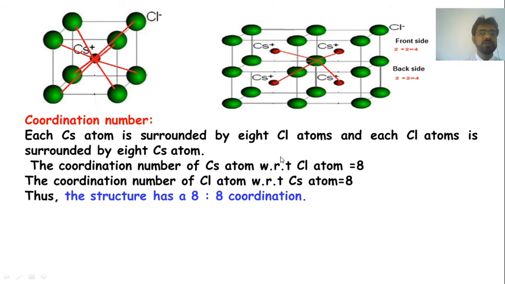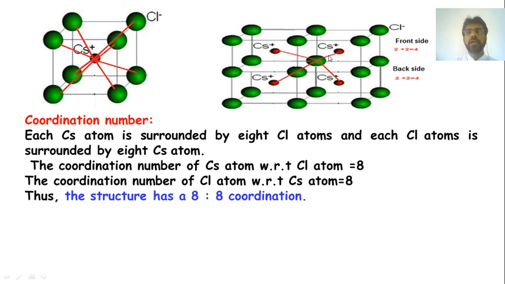Now here we can determine the coordination number of the Cs atoms and also the Cl atoms. In the first figure we can see the Cs atom gets surrounded by the 8 Cl atoms which are at the corners of the unit cell. Therefore, the coordination number of the Cs atom with respect to the Cl atom is 8.